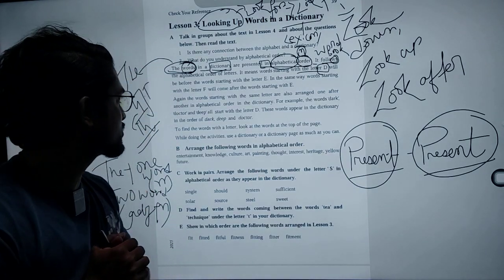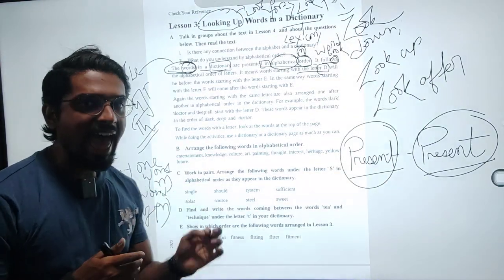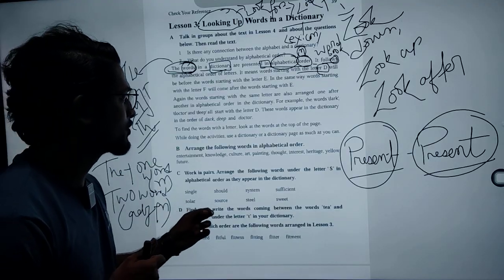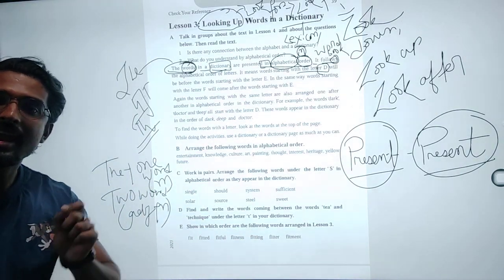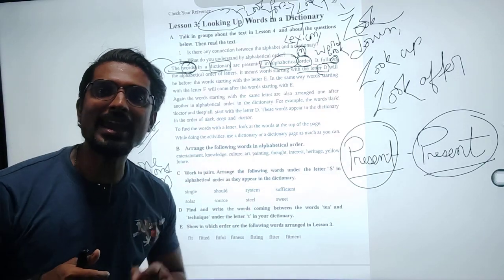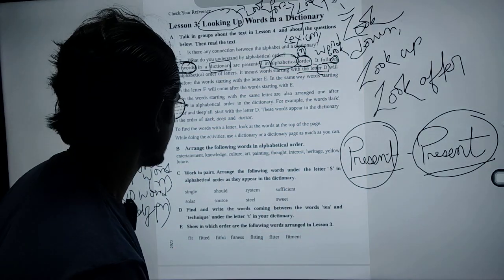In the same way, words starting with the letter F will come after the words starting with E. Then E, F, G, এভাবে alphabetical order চলতেই থাকবে.